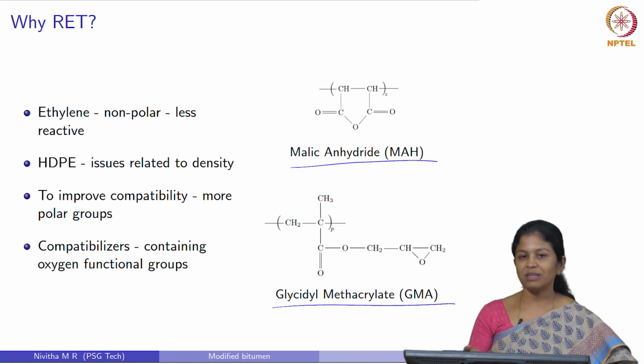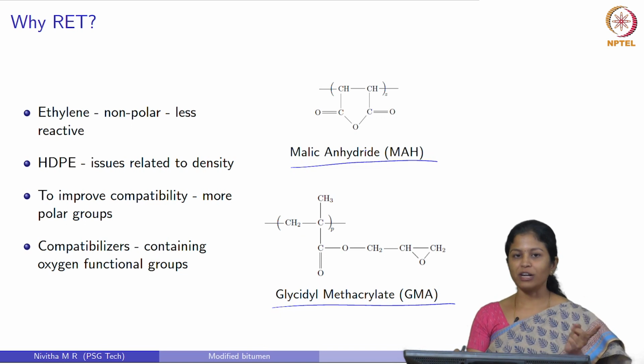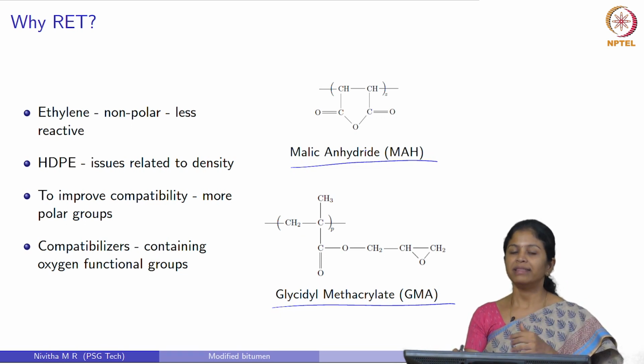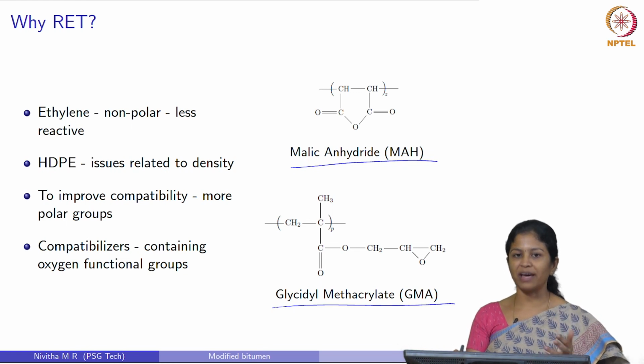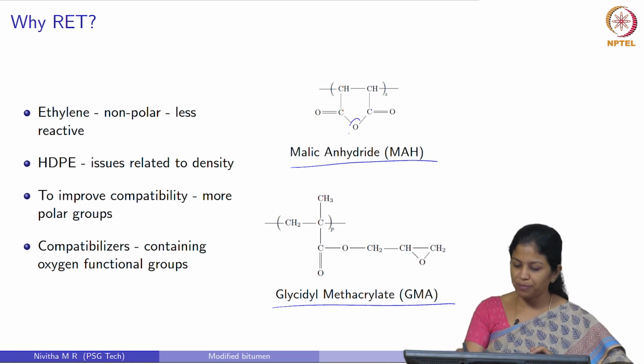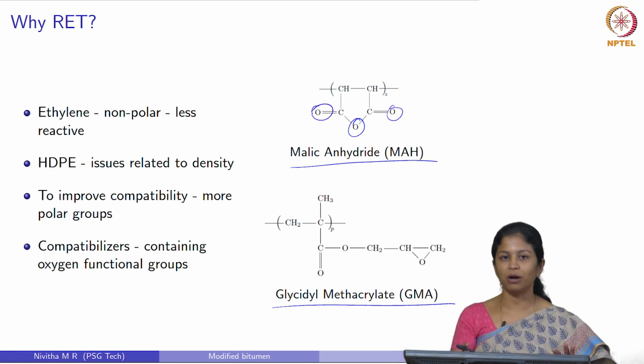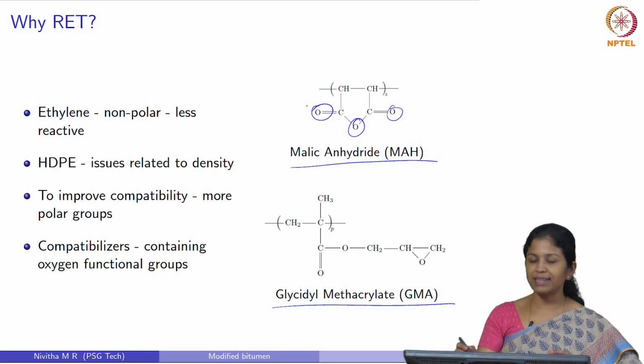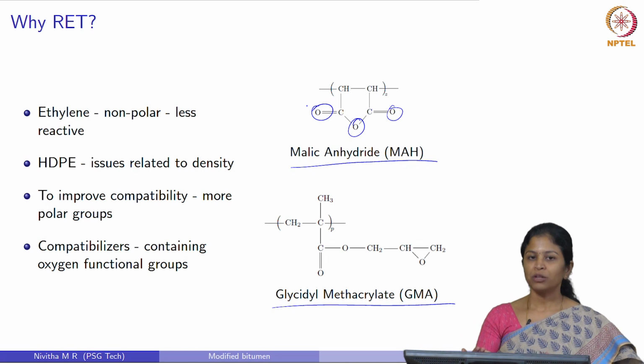So, how does this improve the polarity? We have already seen heteroatoms, and when they are present in a specific form, they try to increase the polarity, right. So, we have oxygen present here and you can see there are a few other oxygen atoms forming a double bond with carbon. So, this is the maleic anhydride structure. Because of this they add polarity to the modifier.